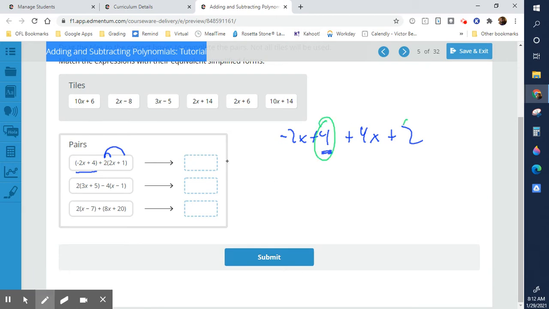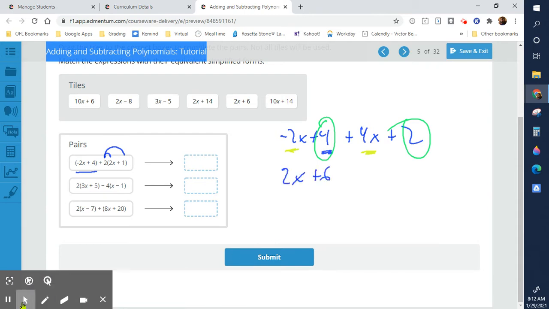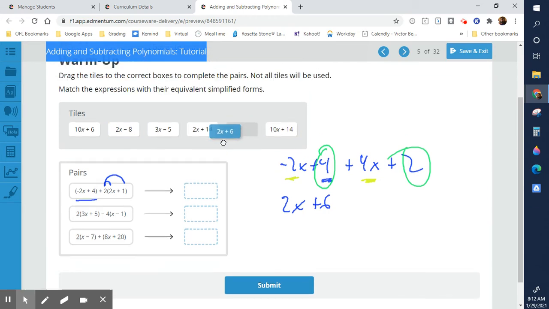I have this 4, and then I also have these right here. If I combine those two together, I'm going to do the lime green one first. I get 2x plus 6. So looking at that, I'm going to go over here and I'm like, okay, 2x plus 6.